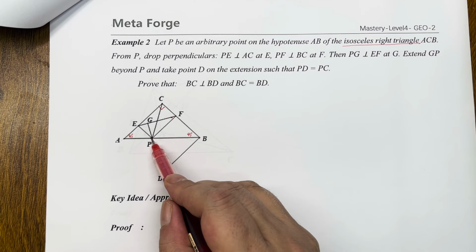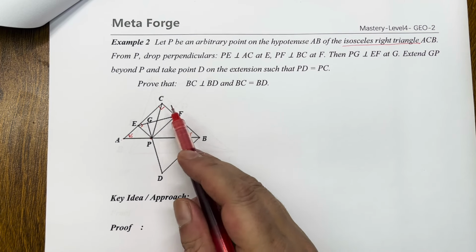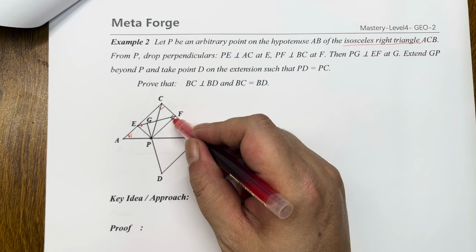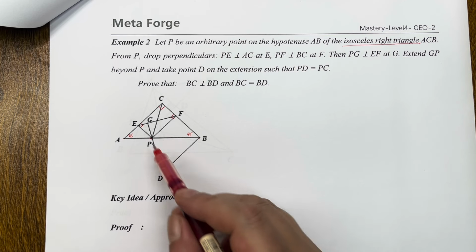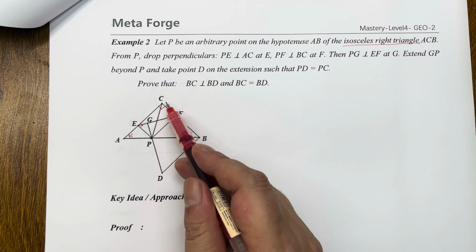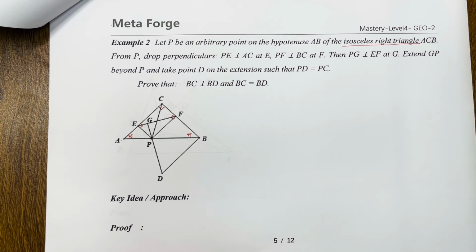Draw perpendicular lines. PE perpendicular to AC, PF perpendicular to BC. After you mark the figure, CEPF is a rectangle, obviously.